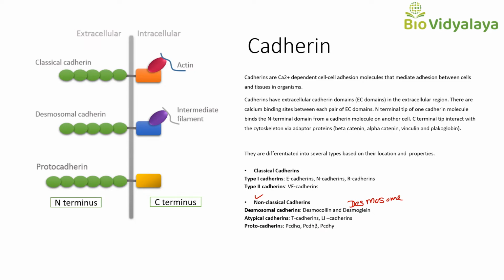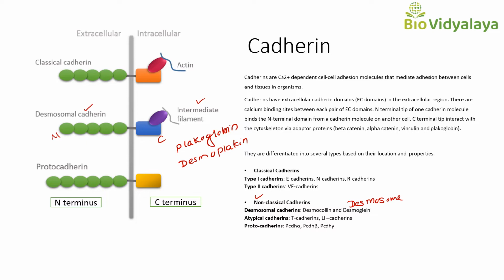Here you can see this is a desmosomal cadherin, this is the N-terminal end and this is the C-terminal end. This C-terminal end will interact with intermediate filaments with the help of adapter proteins like plakoglobin and desmoplakin. So desmocollin and desmoglein form cellular junctions called the desmosome.